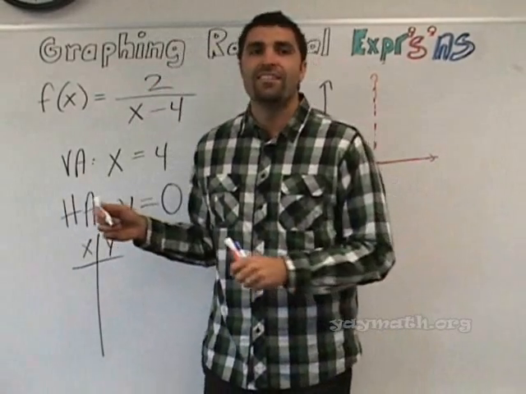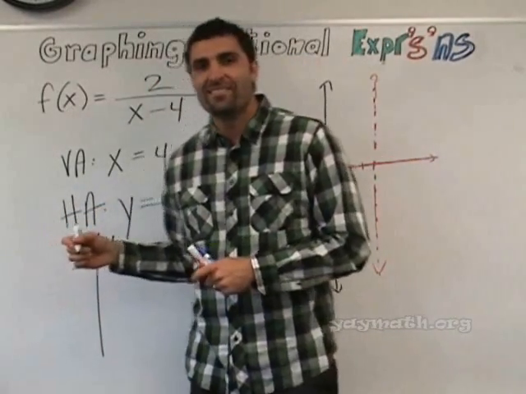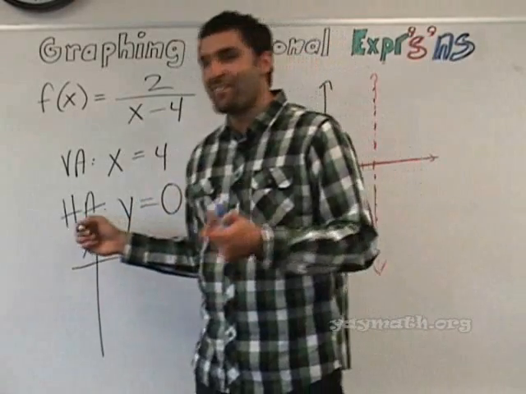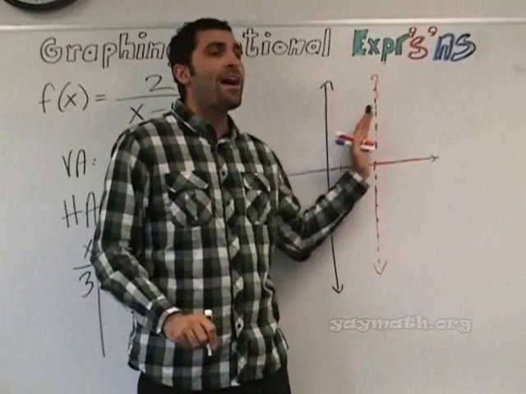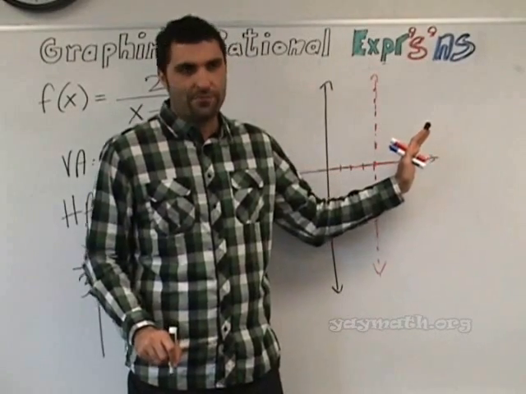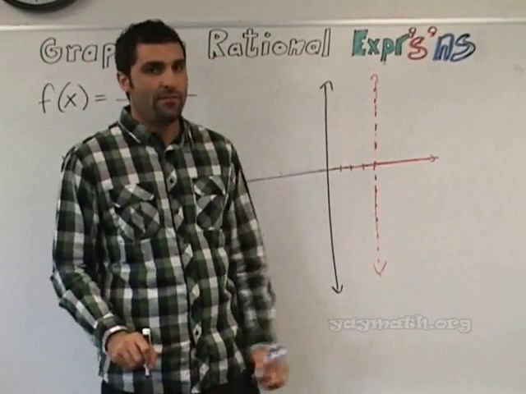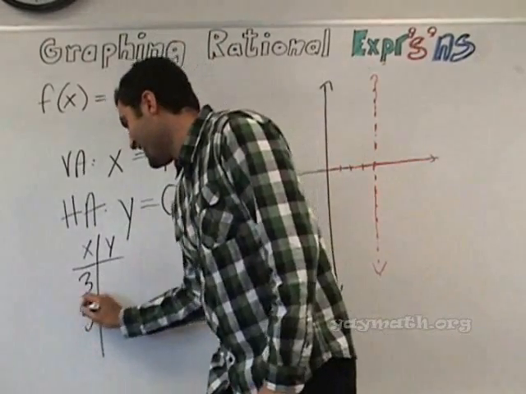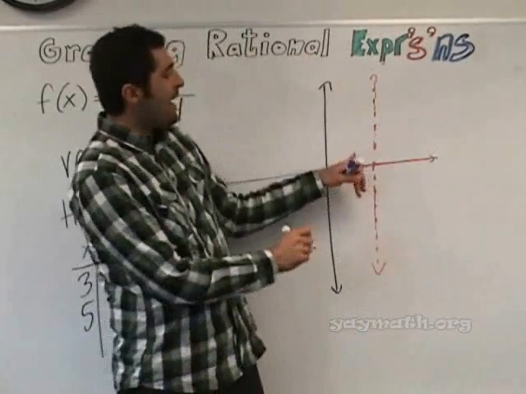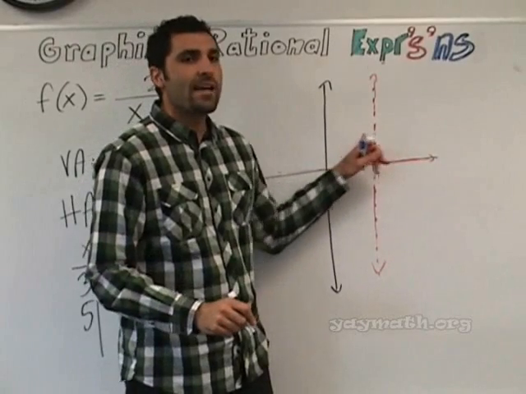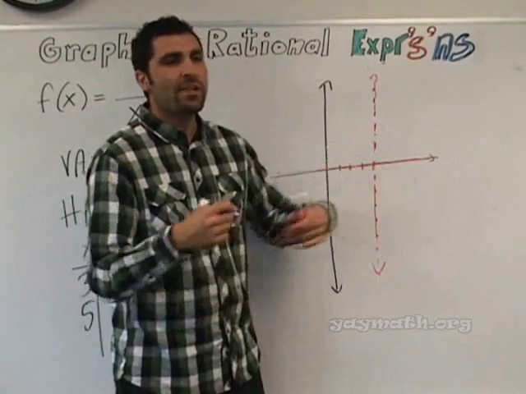How about 3? And instead of 3, how about 2.5? Yeah, I'm saying plug in the points that are near, so that we'll see what happens.